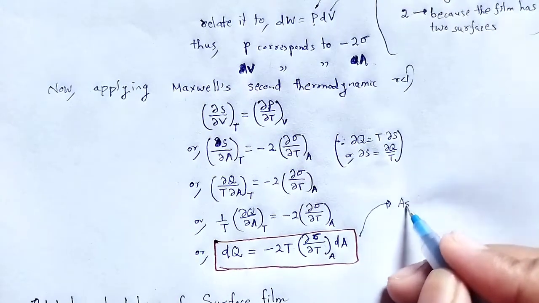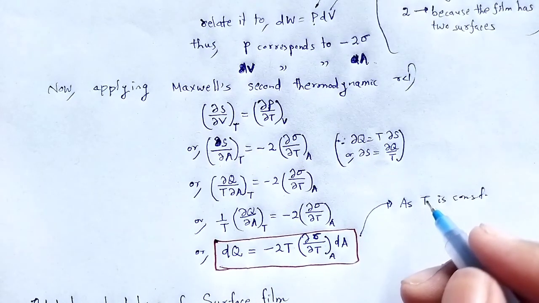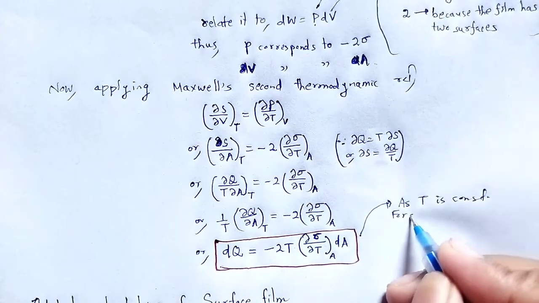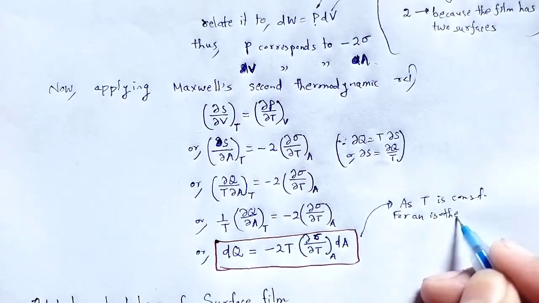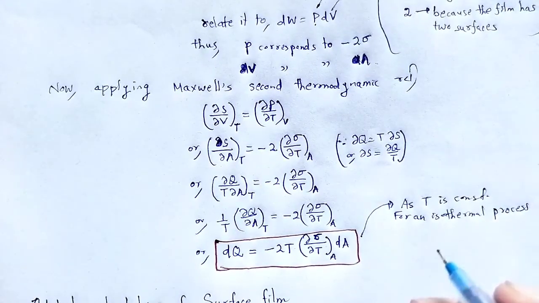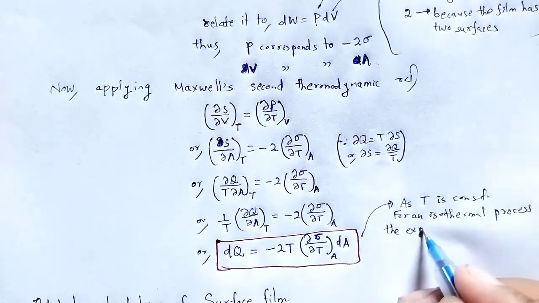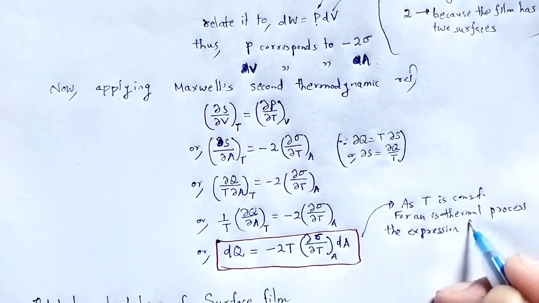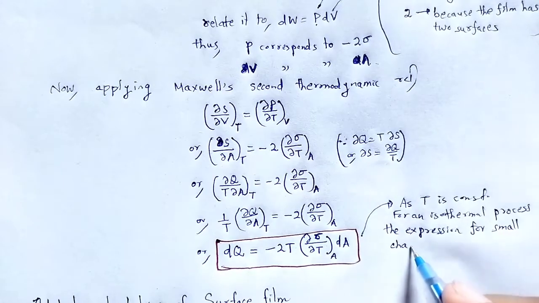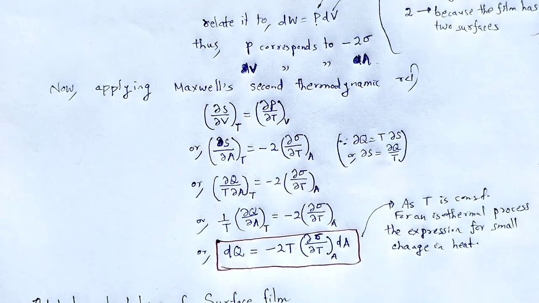As T is constant, for an isothermal process, the expression for small change in heat is dQ is equal to that much.